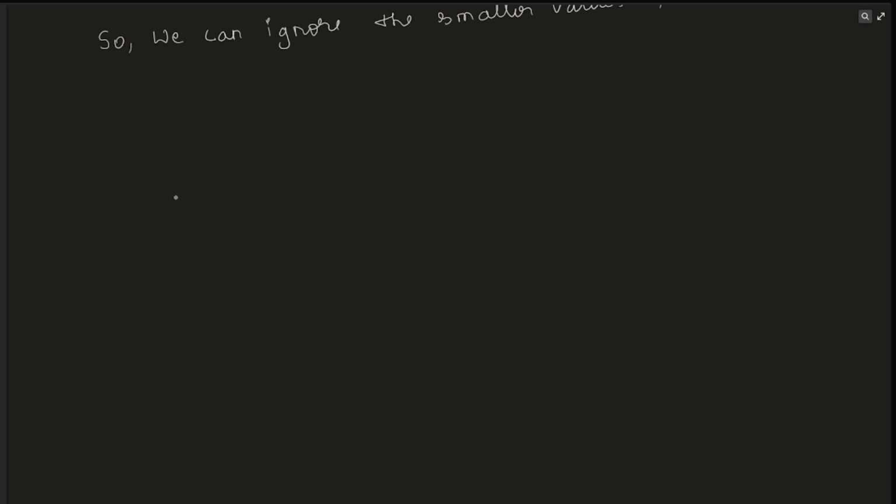After ignoring the smaller values, we will get k square greater than 2n. Now to get rid of this exponent, we'll take the square root on both sides.